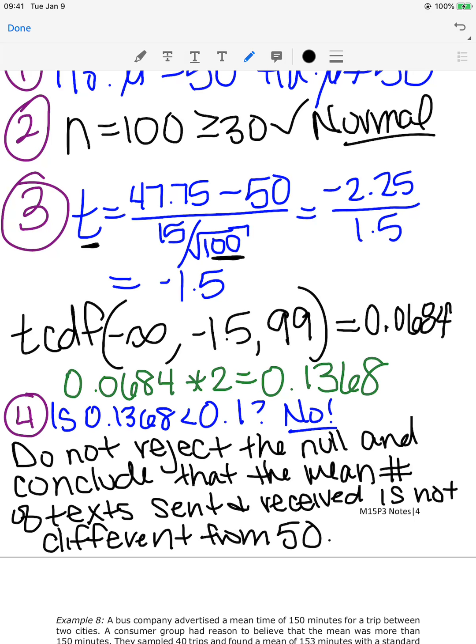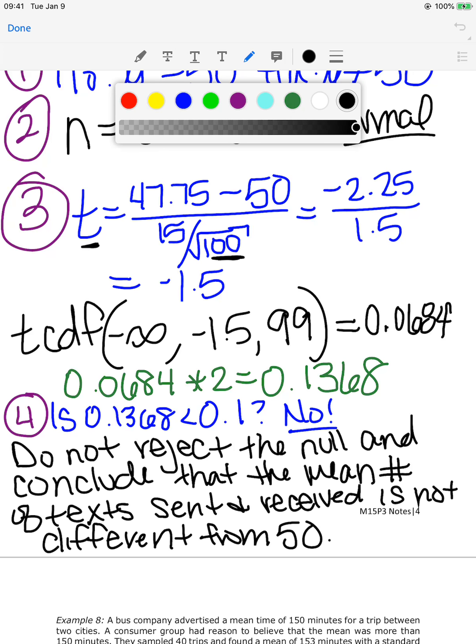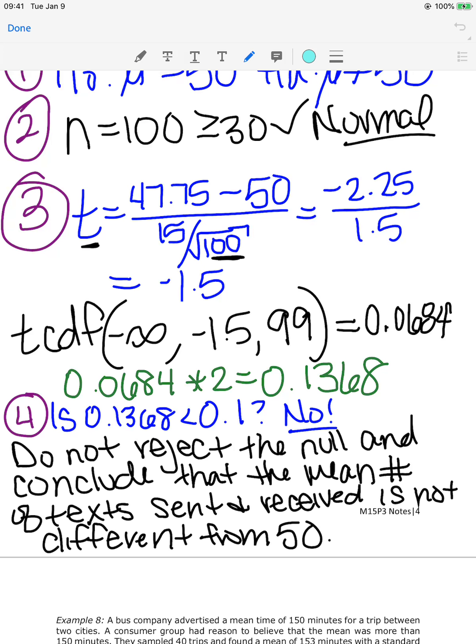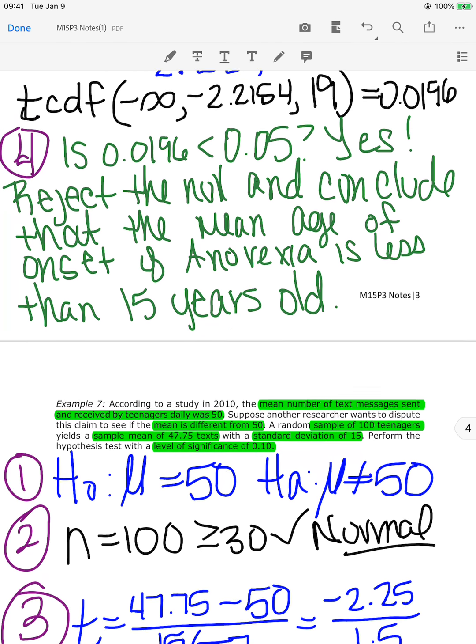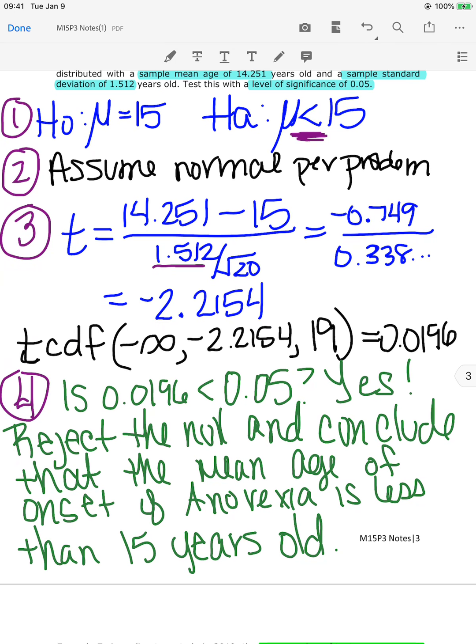from 50. So notice in these conclusions and interpretations, when I am not rejecting, I'm putting not whatever my alternative was. Do not reject. The mean number is not different from 50. If I come back up here to the first example, we did reject, so it is whatever the alternative was.